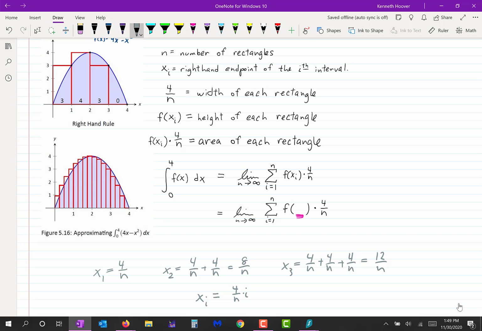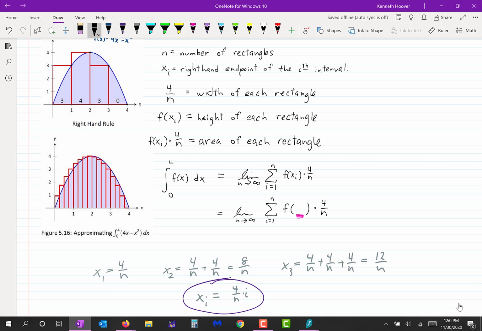By the way, i here is not an imaginary number, okay? It's just a letter that I'm using to count the intervals. That's why they use i. i is short for interval. Okay? So this is what I want you to get right here. x sub i equals 4 over n times i.